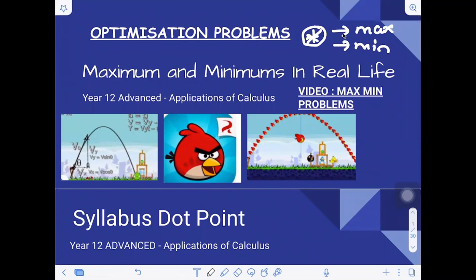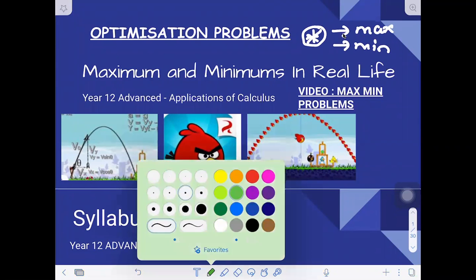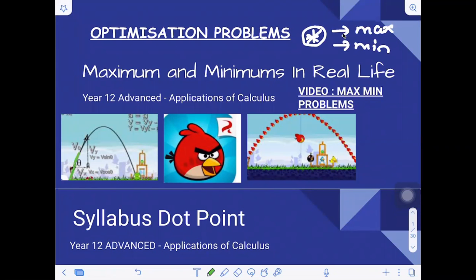Places where maximum and minimum occur in real life problems are, for example, if you projected an object and it reaches a maximum height, just like projectile motion. Being able to use calculus to actually find the point at which this happens is what we call an optimization question or maximum minimum real life problem.